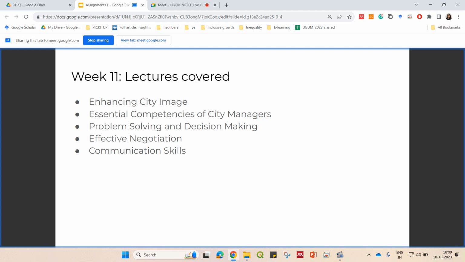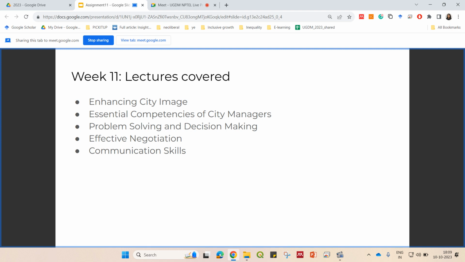So what are the different components of a decision making process, what are the different steps, how decision making is done, and then later how the decision making is translated into actions.